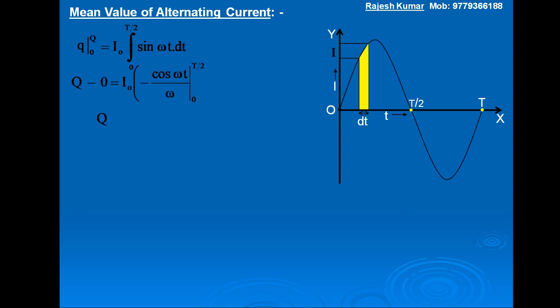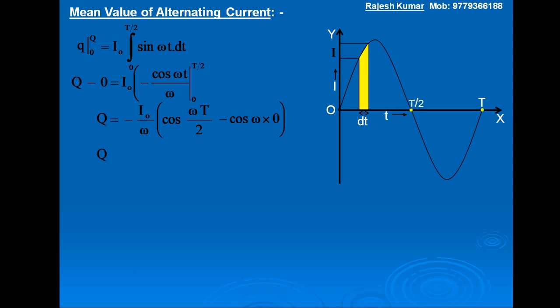Or capital Q is equal to minus I naught upon omega into cos of omega into capital T by 2 minus cos omega into 0. That is, first put the upper limit, minus then the lower limit.